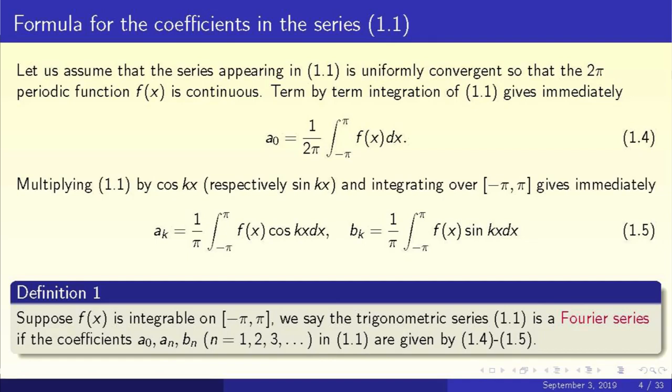Likewise, if you multiply the series by sin kx and play the same game all over again, you will get b_k equals 1 upon π times the integral from -π to π of f(x) sin kx dx. So that's equation 1.5 that you see on the slide. So equations 1.4, 1.5 give you the formula for computing the coefficients in the series 1.1, but in deriving these formulas, we have assumed that the series converges uniformly.